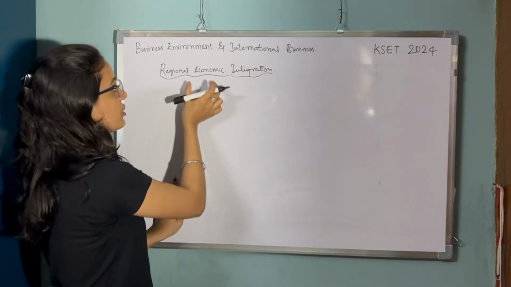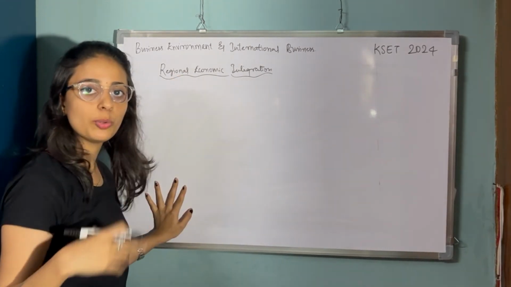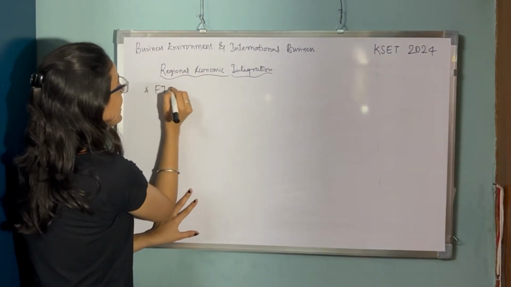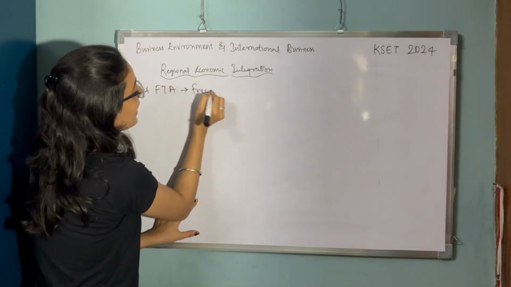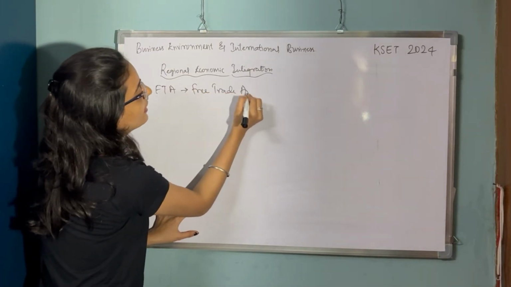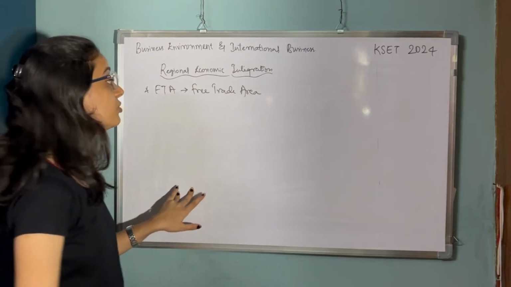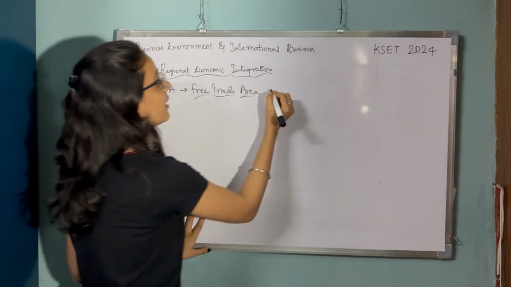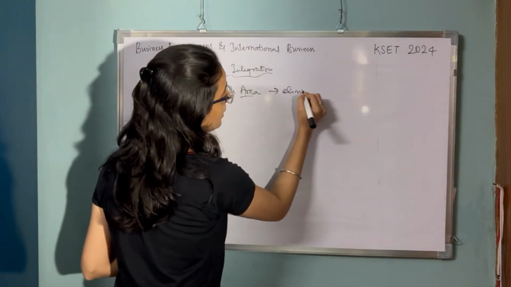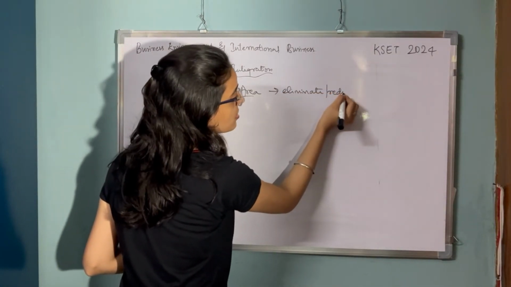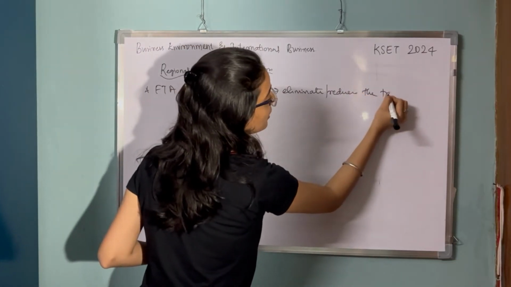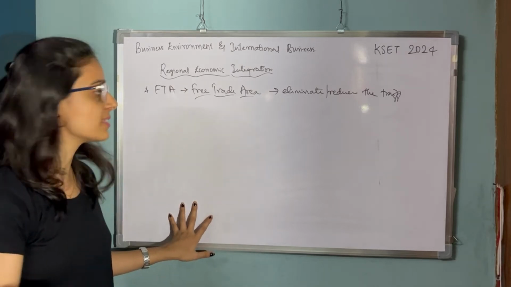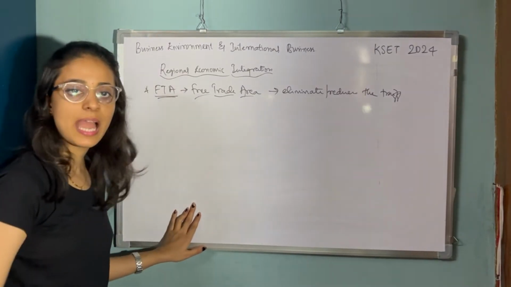regional economic integration, where some regions come together for economic integration, which are FTA, which is free trade area. Free trade area. The trade between these areas is free, which is, it eliminates or maybe sometimes reduces the tariff rates on the movement of goods and services between member countries, known as FTA, right?